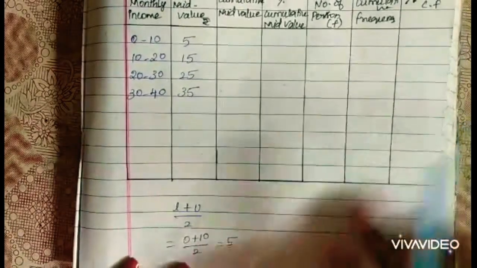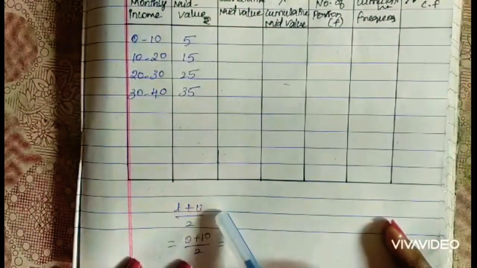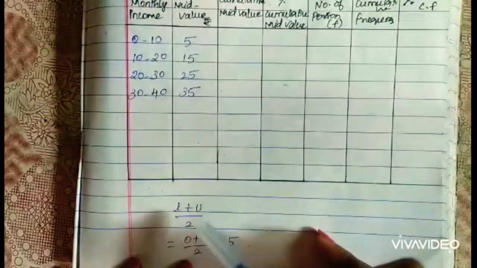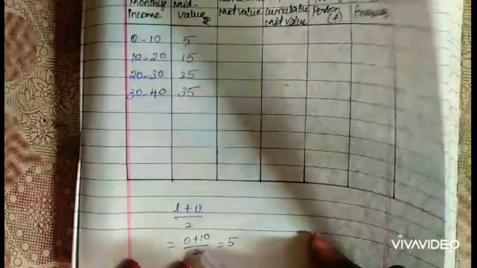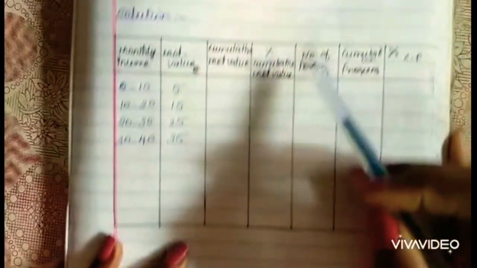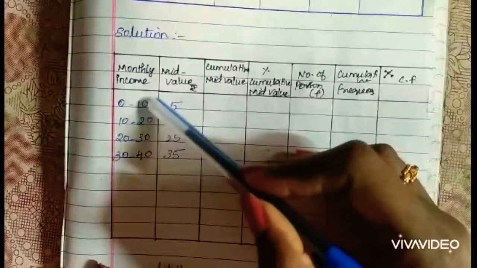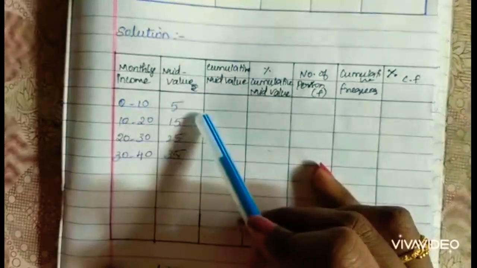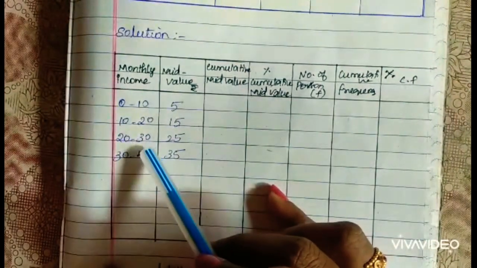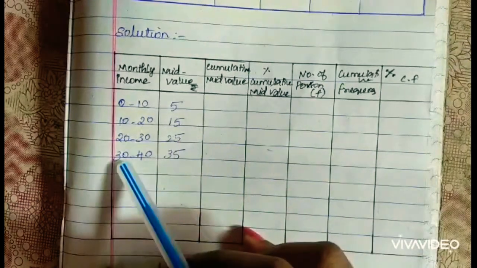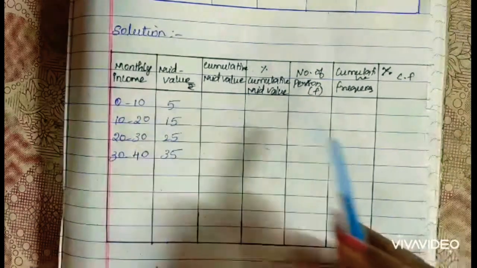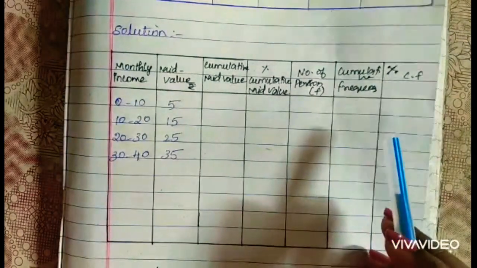Lower limit plus upper limit divided by 2. 0 is the lower limit, 10 is the upper limit. 0 plus 10 divided by 2 is 5. Like this we find the mid values of all the class intervals. 10 plus 20 divided by 2 is 15. 20 plus 30 divided by 2 is 25. 30 plus 40 divided by 2 is 35. So now we have found these two compulsory columns.